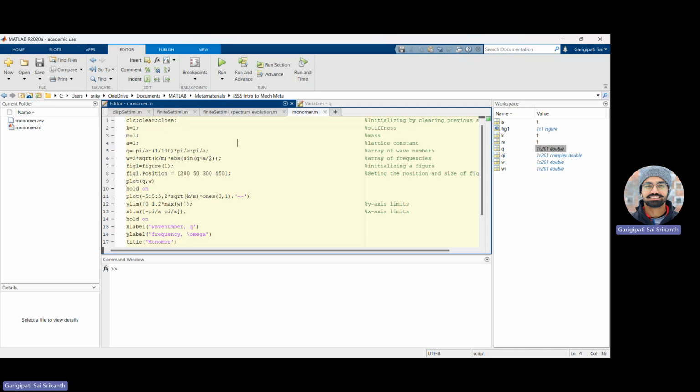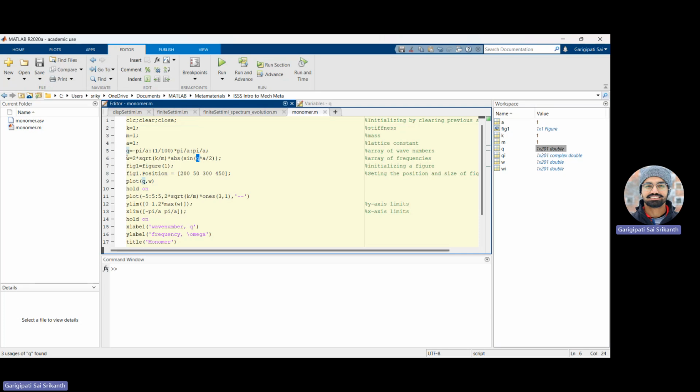Cool. Then what we are doing here is describing a formula for omega. Omega is also an array, right? Everything is a constant except this q term here. So I don't have to initiate omega.